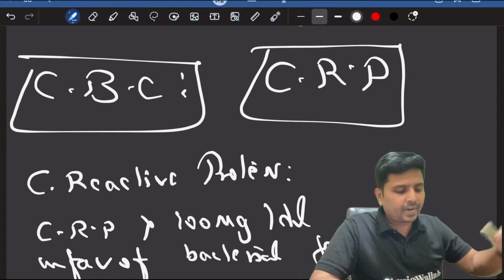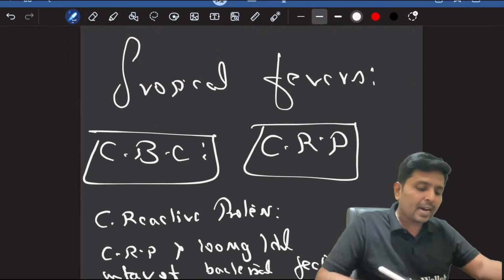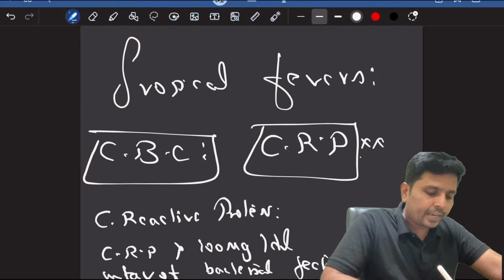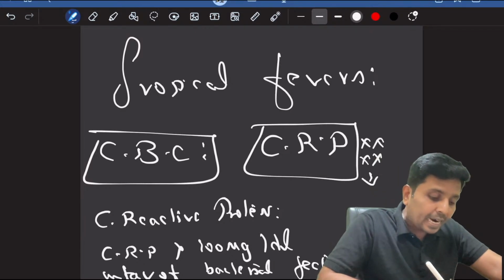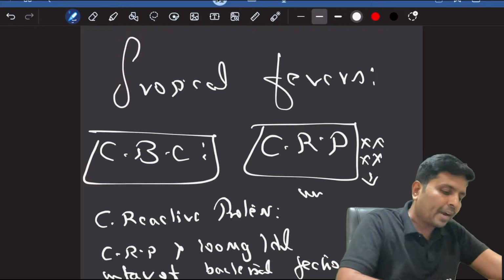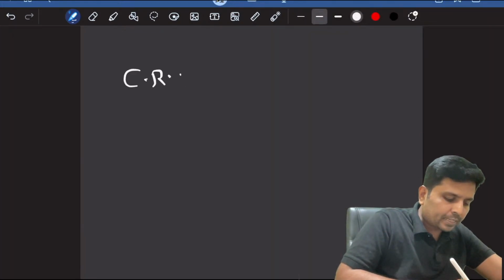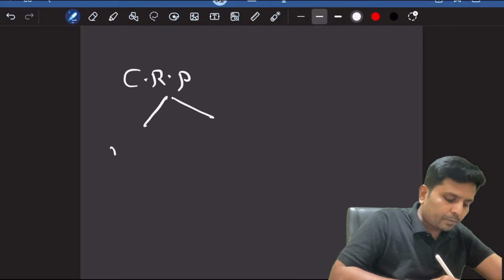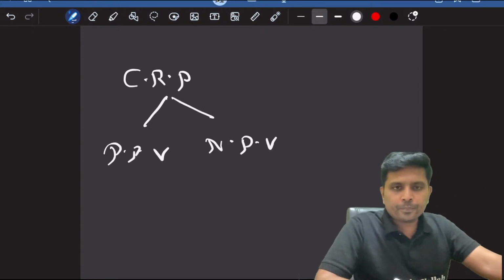But by and large, what is the role of CRP? If CRP is negative, I repeat, if CRP is negative, it is unlikely to be due to bacterial infection. So CRP has got positive predictive value and negative predictive value.